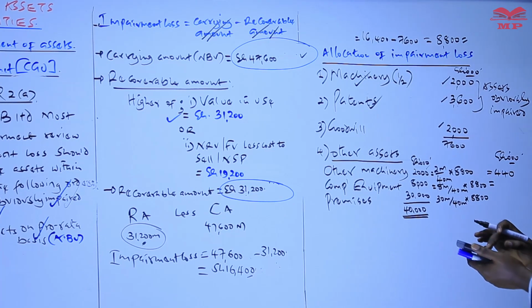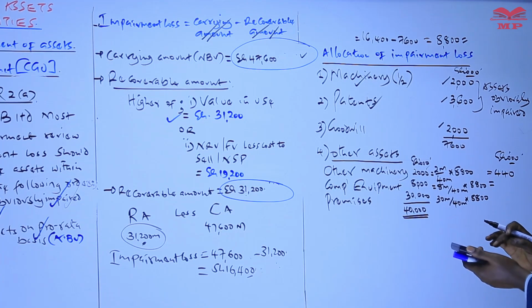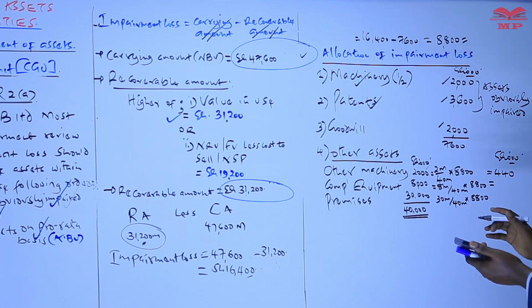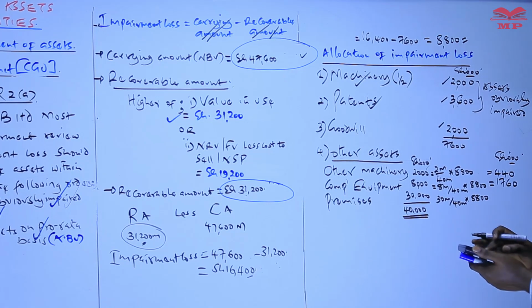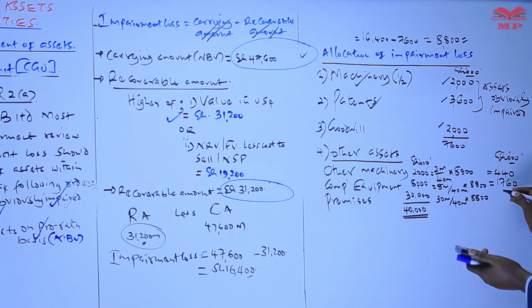What about computer equipment? We have 8 all over 40 times 800, and that will give us 160. And then finally to premises, 30 divided by 40 times 800, which will give us 600.